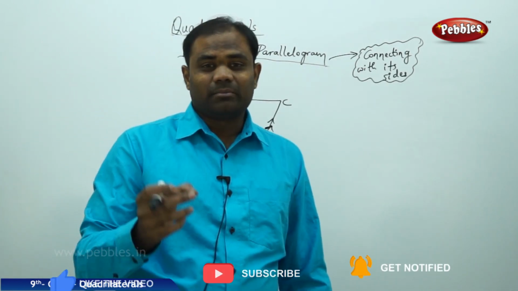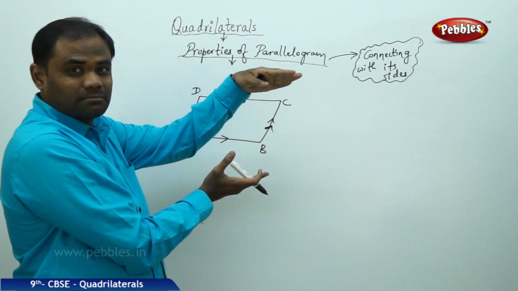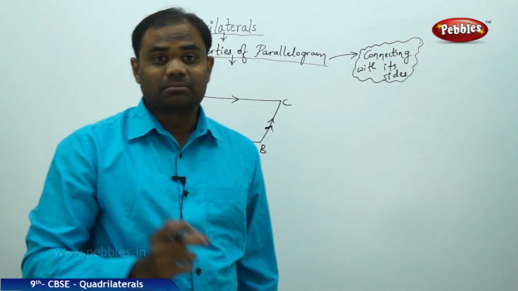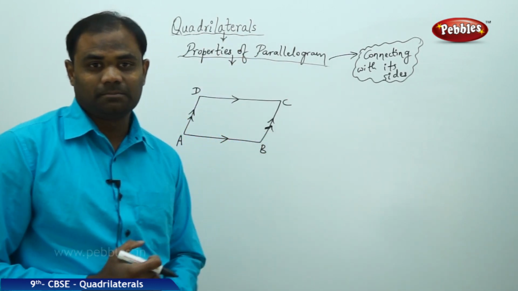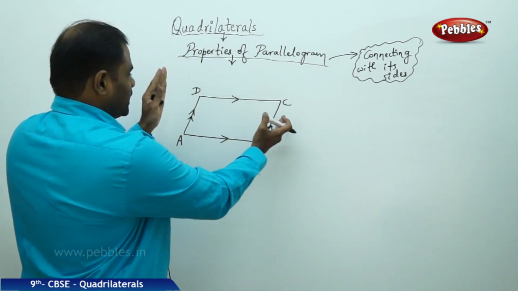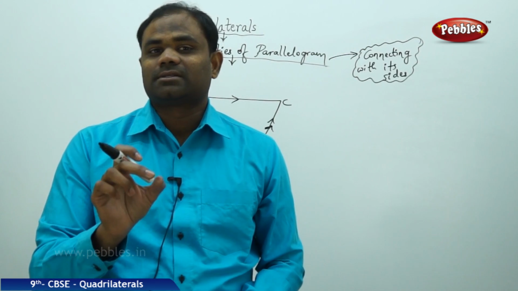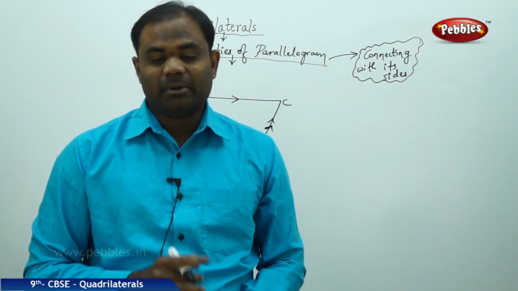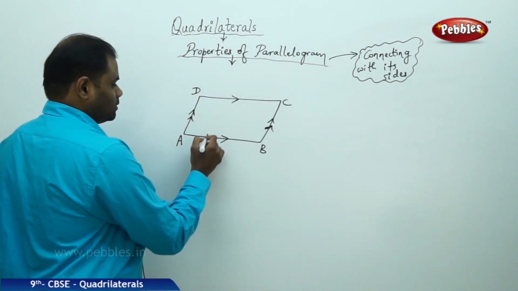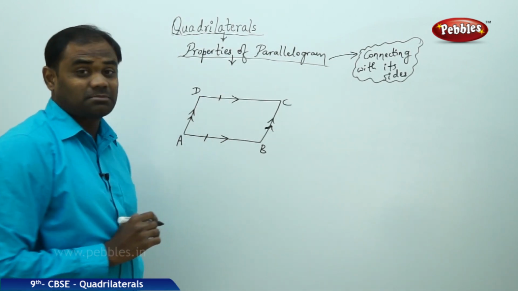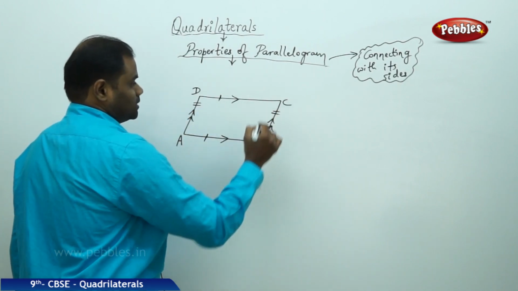So a parallelogram is a closed region bounded between the pair of parallel lines. Therefore, an interesting geometrical property arises out here. The pair of parallel lines makes a bounded region where the lengths are equal. The pair of parallel lines always makes the lines to be equal. So this side must be equal to this, and this side must be equal to this.